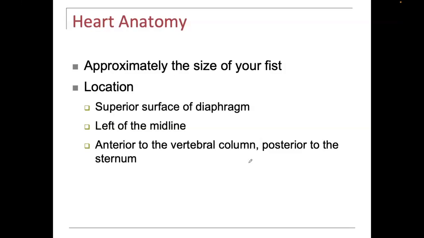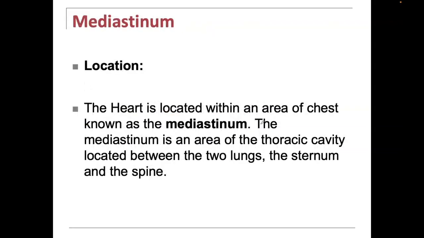So the heart is about the size of our fist, and its location is above the diaphragm, right? It's on the superior surface of the diaphragm. It's to the left of the midline. It's in front of the vertebral column, but it's behind the sternum. That location is referred to as the mediastinum.